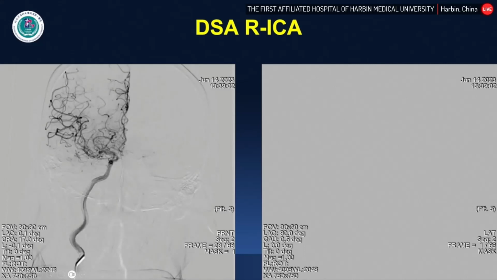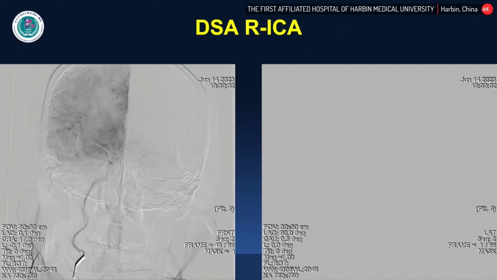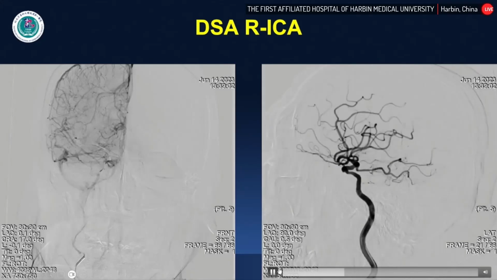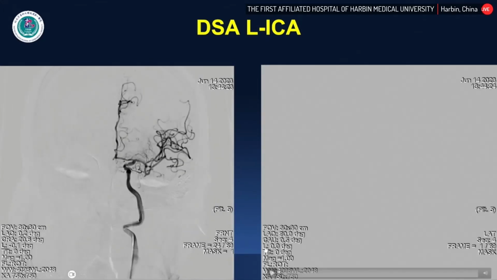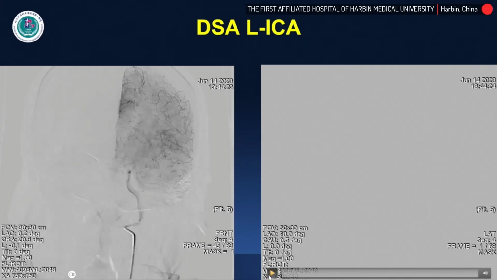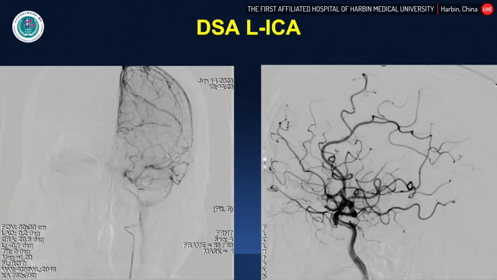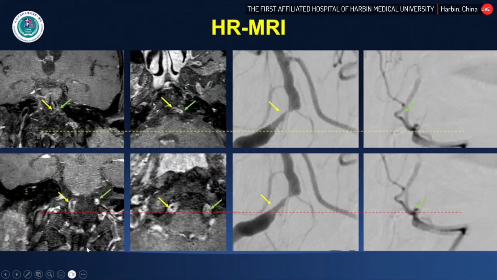We also did the right intracranial artery angiography and see there is no compensation for the basilar artery. Just like the right side, the left side also has no compensation for the basilar artery. We did the high resolution MRI.